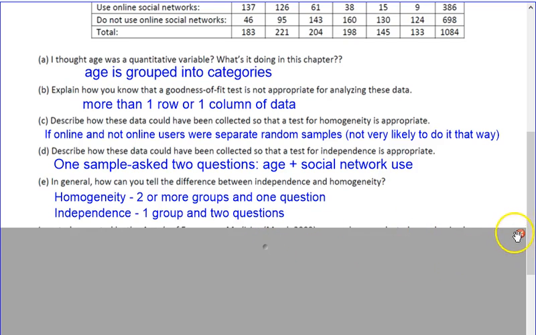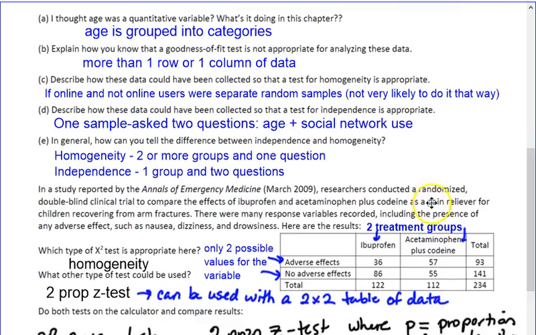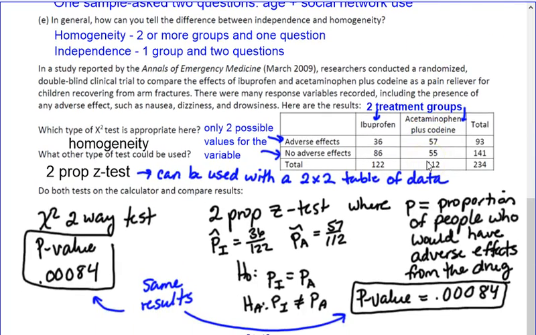So let's look at an example down here. In here, I want to look at one that could be done either way. In a study reported by Annals of Emergency Medicine in March 2009, researchers conducted a randomized double-blind clinical trial to compare the effects of ibuprofen and acetaminophen plus codeine as a pain reliever for children recovering from arm fractures.